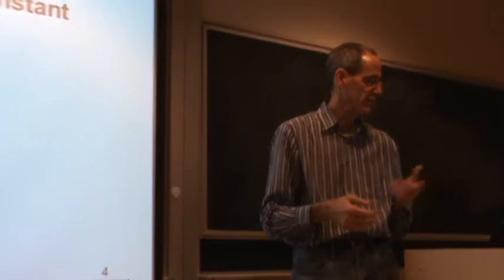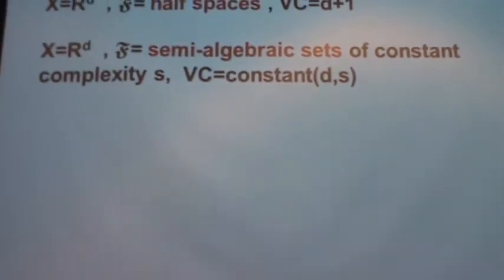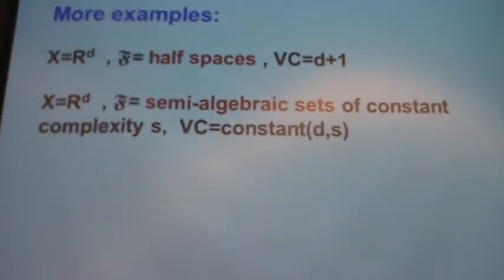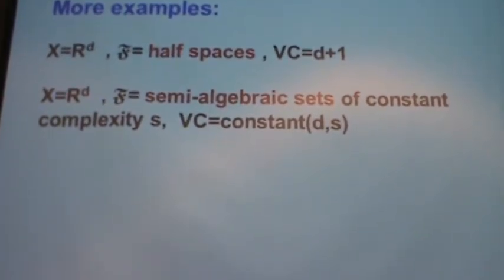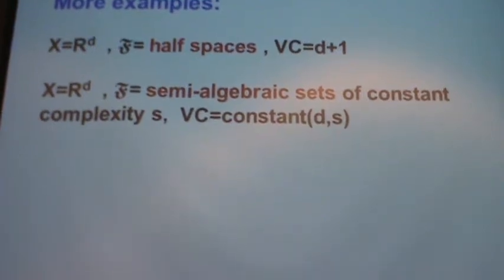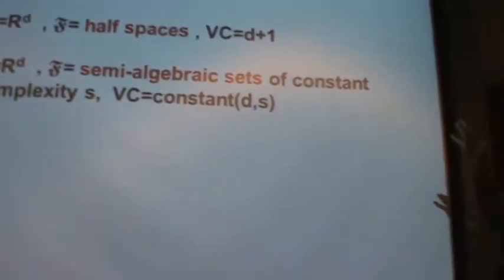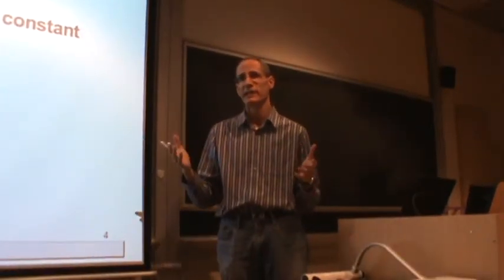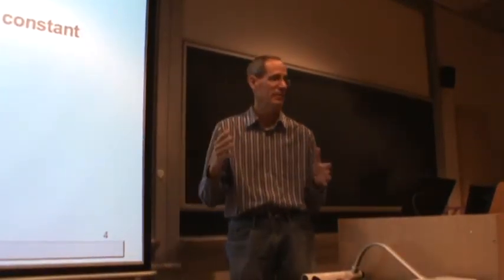Here is a slightly more sophisticated example. So we fix some dimension, 17, I don't know, and we take all the semi-algebraic sets of constant complexity S. So what does this mean? These are intersections of polynomial equalities and inequalities in the variables.